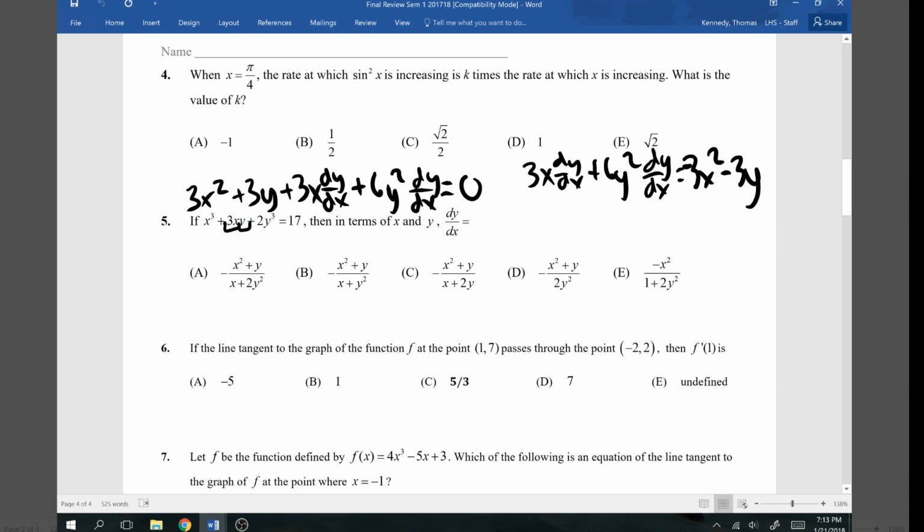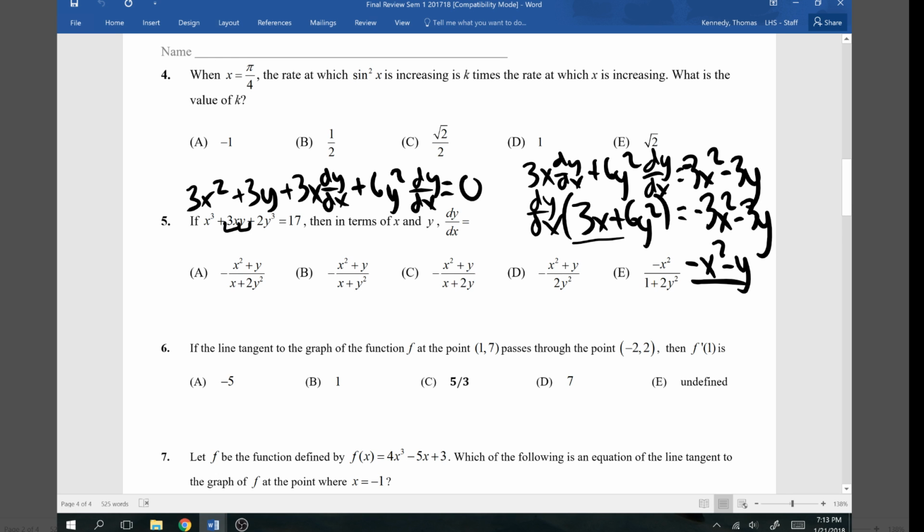And then we just divide by the stuff that's multiplied by dy dx. And we do that because we can factor out a dy dx and get 3x plus 6y squared in parentheses. And it's just this stuff divided by this stuff. And so you can cancel out all the 3s and you get negative x squared minus y over x plus 2y squared. And this is exactly this guy, just with the negative pulled out.